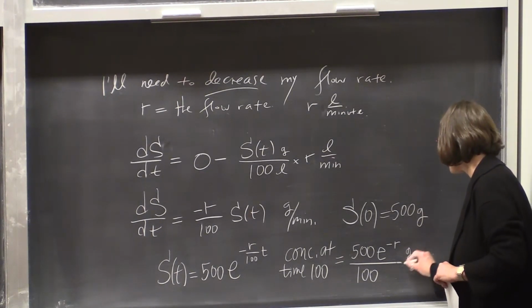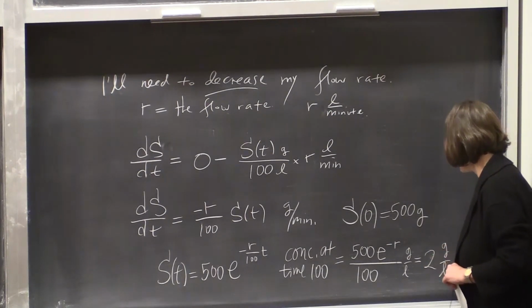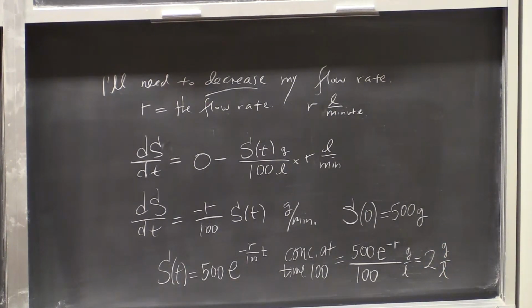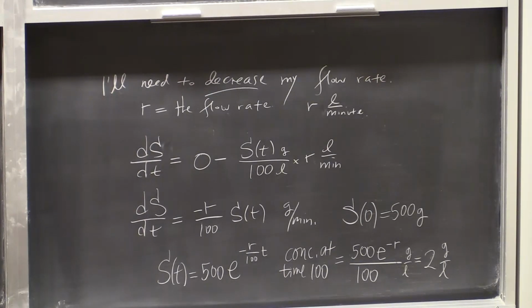So this is grams per liter. I want this to equal 2 grams per liter. Is that an equation you can solve? Yeah. You put everything over to the other side, and you take logarithms, and you solve for it.